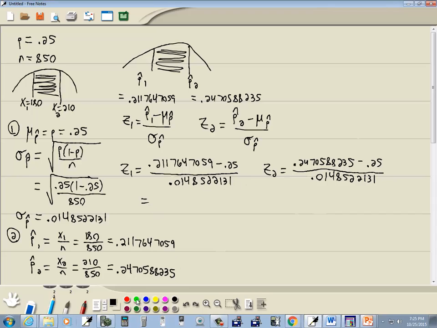Now when you plug anything into your calculator and have more than a single number on top or bottom, you have to put parentheses around that part. So we'll put parentheses around the top here and over here as well. Let's see what this one gives us.